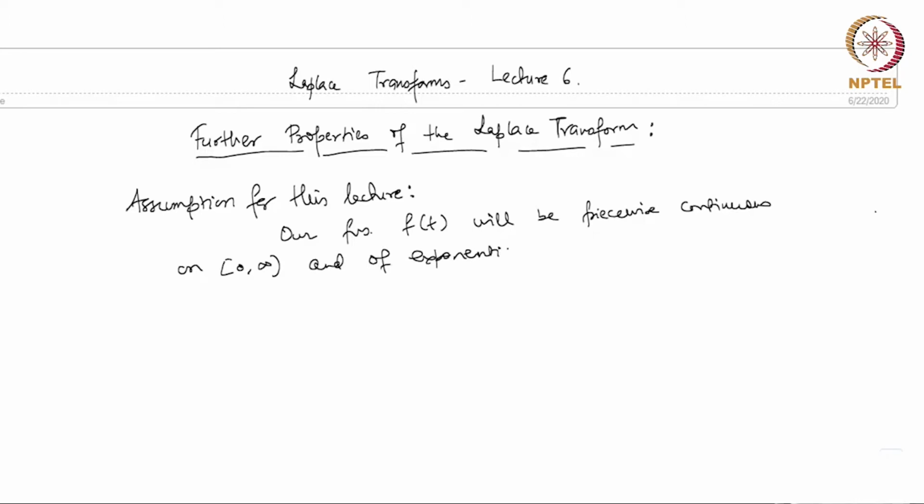So we remember from our sufficient conditions for the existence of Laplace transforms that if a function is piecewise continuous on this interval 0 to infinity, with 0 included, and if it is of exponential order, then the Laplace transform exists.